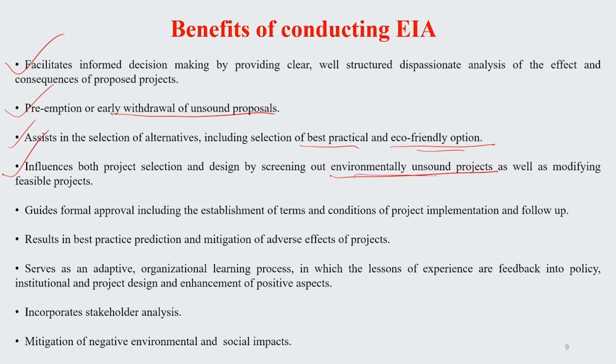So, if you have proposals for 2 or 3 projects, EIA will help you identify the projects which are going to impact your environment. So, remove them. EIA guides formal approval, including the establishment of terms and conditions of implementation of the project and then follow up. It also results in best practice prediction and mitigation of adverse effects of the project.